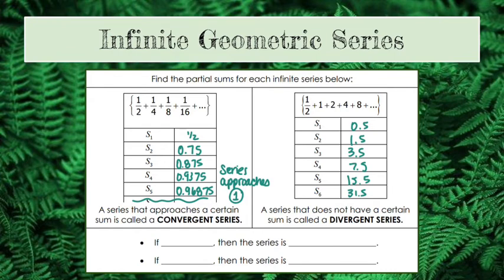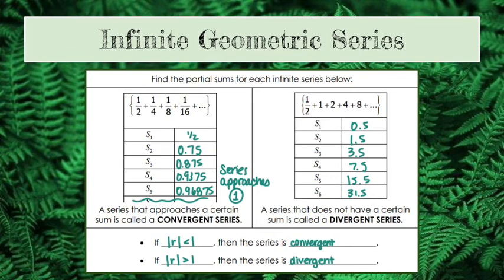So let's look at the difference. It says if the absolute value of R is less than 1, then the series is convergent. If the absolute value of R is greater than 1, then the series is divergent.